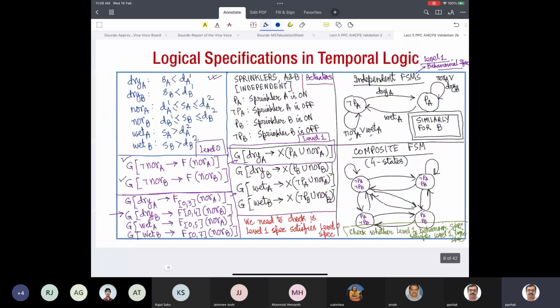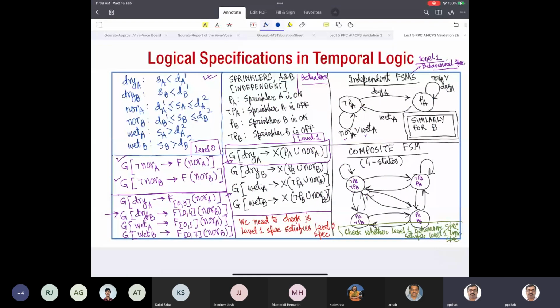And we went through our sprinkler example. For our sprinkler example, that is our running example, we defined 6 Boolean variables.